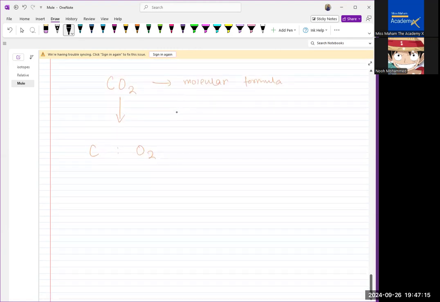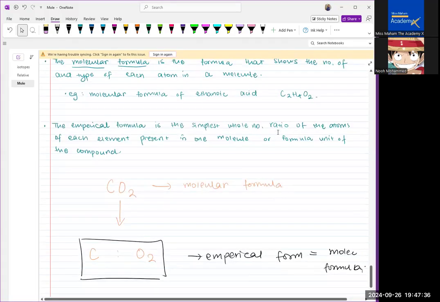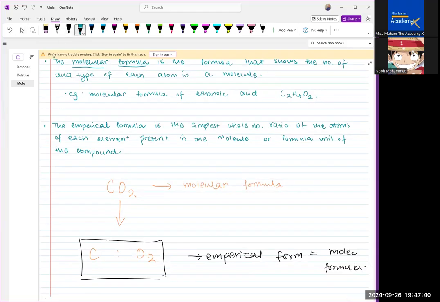I can, but I won't get a whole number. So since I can't reduce it further, my empirical formula is equal to my molecular formula. And when it can reduce further, then the reduced version is your empirical formula.